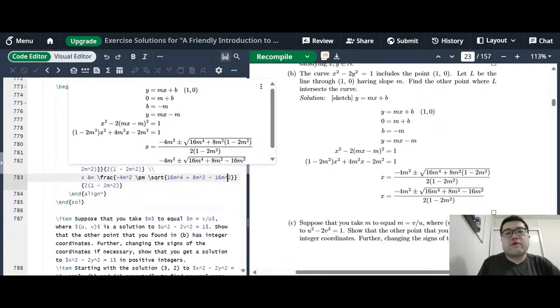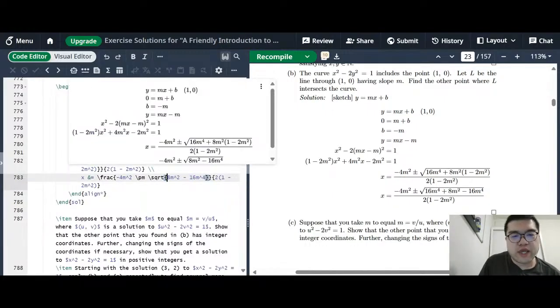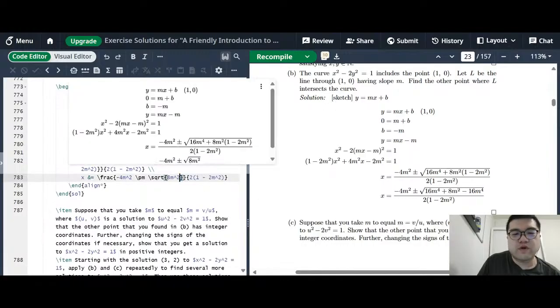Oops, not square, fourth power, because we have 8m squared times 2m squared, and m squared times m squared is the fourth power. Meaning that now we can cancel out the 16m to the fourth power to end up with just simply 8m squared inside of the square root.